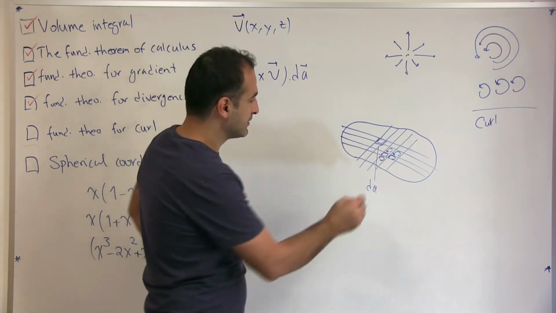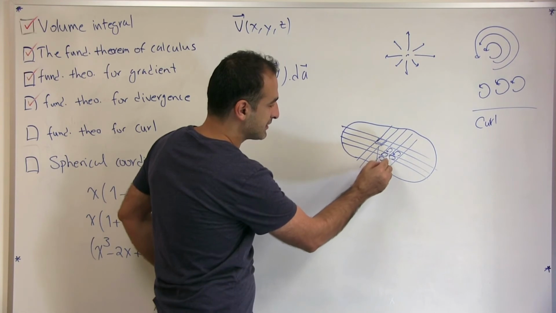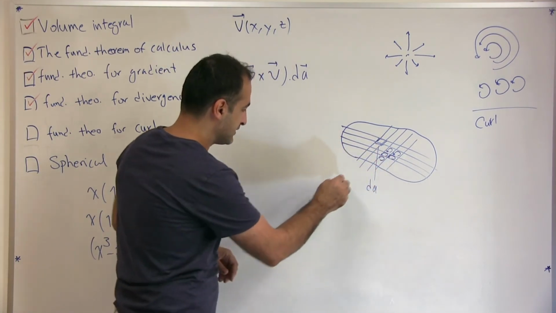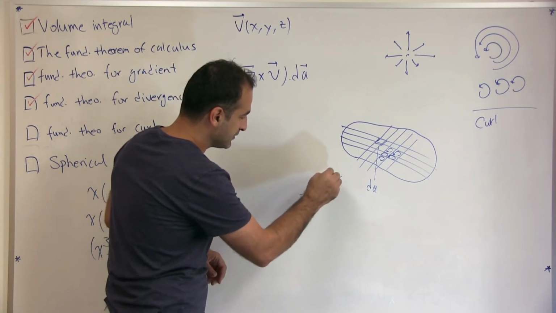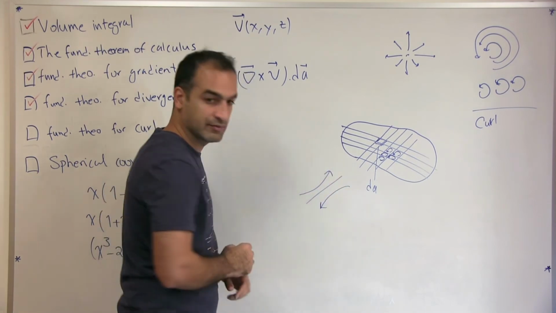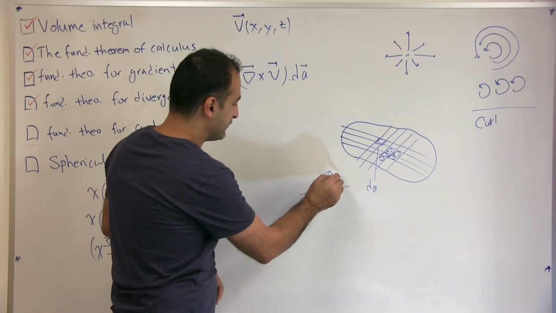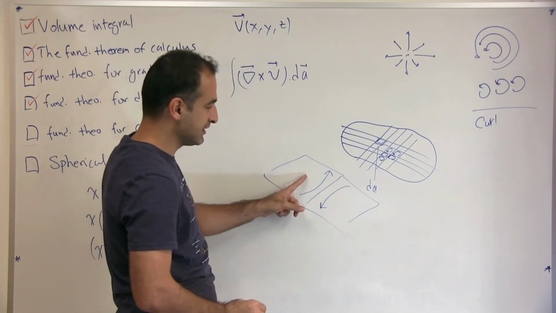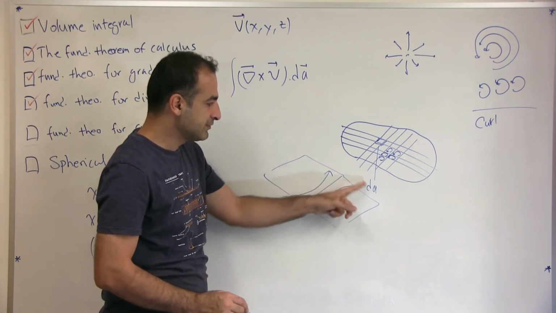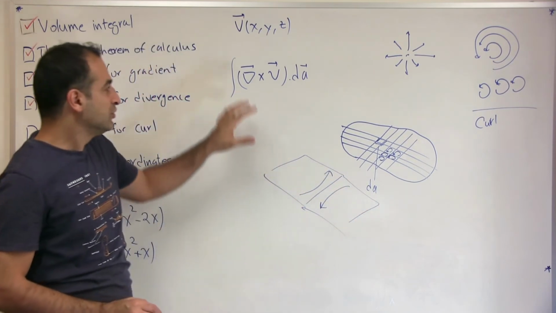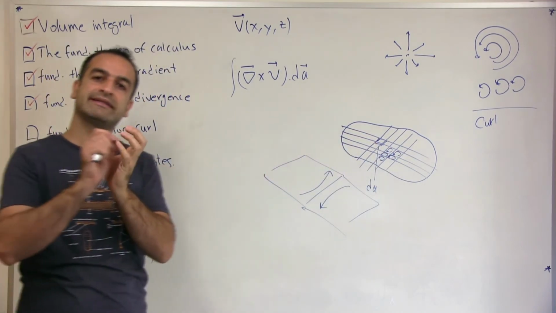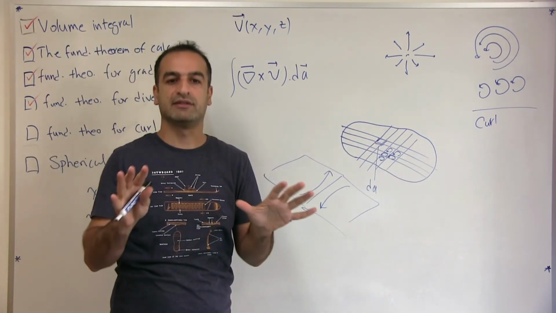For one patch the field is going this way, for the other it's going the other way. So if you add two neighboring patches, the curl cancels out here. The same thing happens for the other boundaries. If you integrate over the whole surface, all these curl contributions cancel each other.